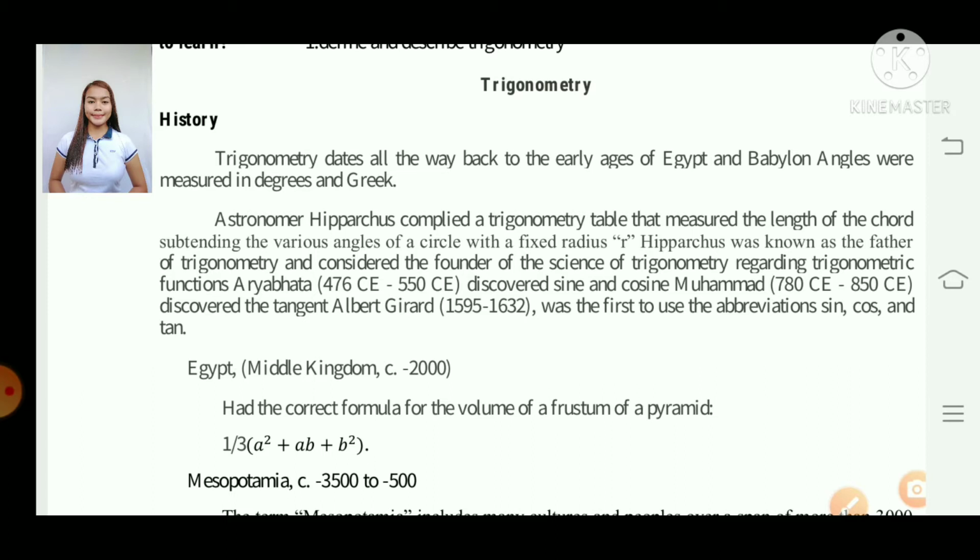Regarding trigonometric functions, Aryabhata, who lived from 476 CE, or the Common Era, to 550 CE, discovered sine and cosine. Muhammad, who lived from 780 Common Era to 850 CE, discovered the tangent.